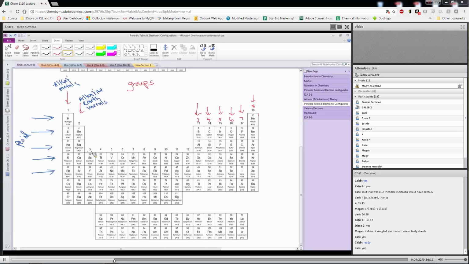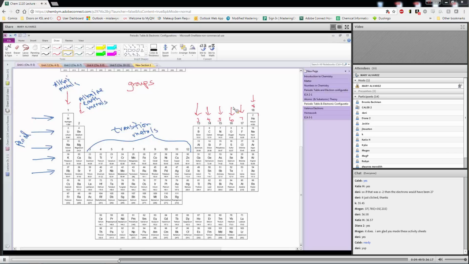This whole section in the middle that we're kind of skipping over, we're going to call these transition metals, because they transition us from the second column then to the third column. We don't have a particular name that you need to worry about for column 3 or column 4 or column 5.